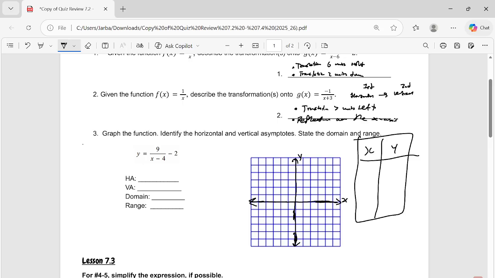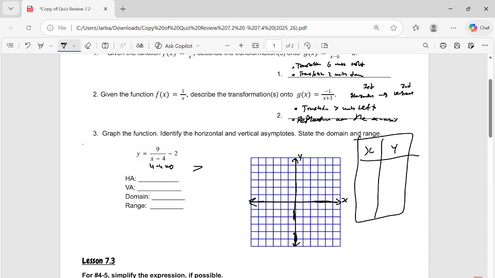Well, first, since we have x minus 4 in the denominator, we're going to have a 0 when x equals 4. Because if you plug in x equals 4, it's going to be 4 minus 4, which is 0. And that'll become 9 over 0, minus 2, which is not defined.